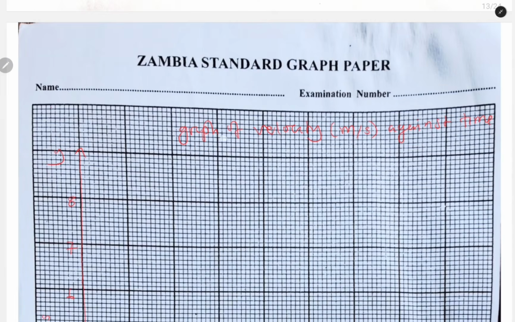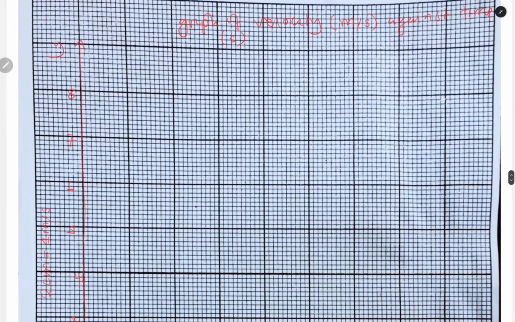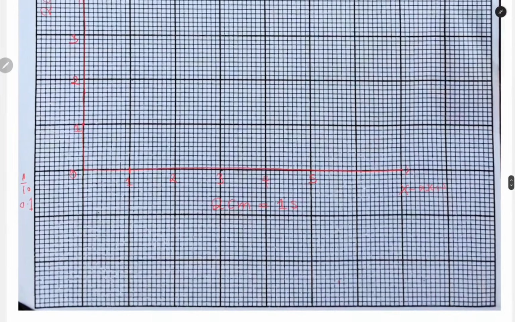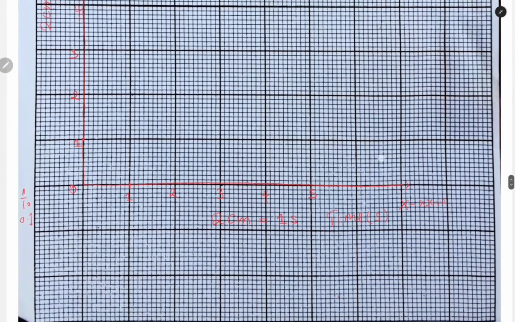It's just bracket then S. Now the other thing that I forgot to put is that this side is velocity, of course in meter per second. I hope you are able to see the color. Then this side I'll put time, time in seconds. That is what I forgot to label.